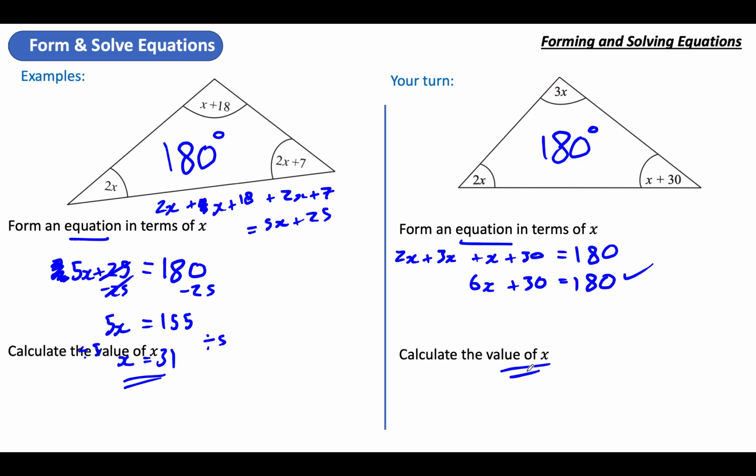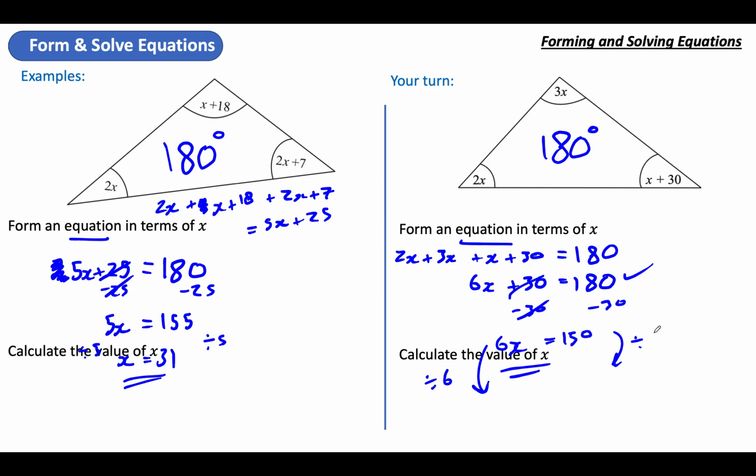Now calculate the value of x. So now I solve it. So take away 30 from both sides. So we have 6x equals 150. Then we don't want 6x.